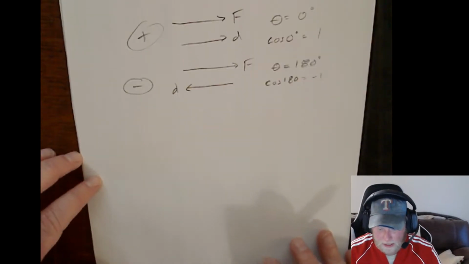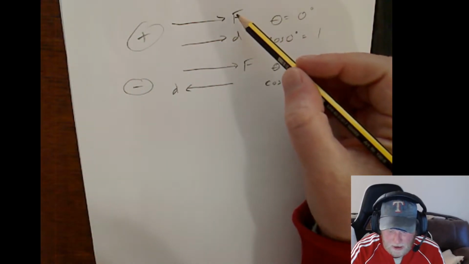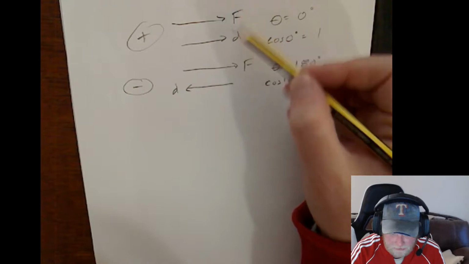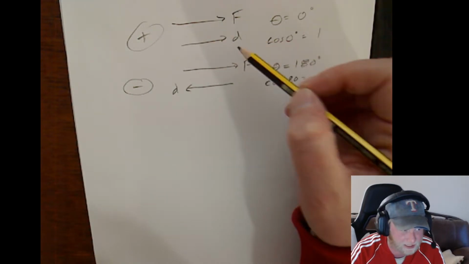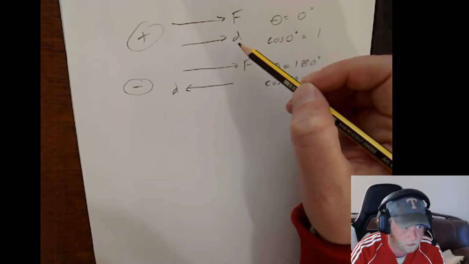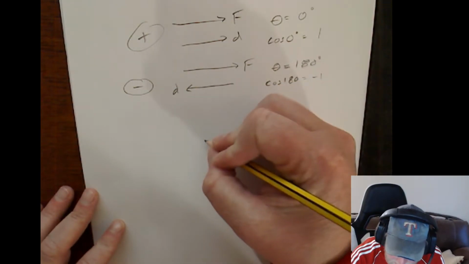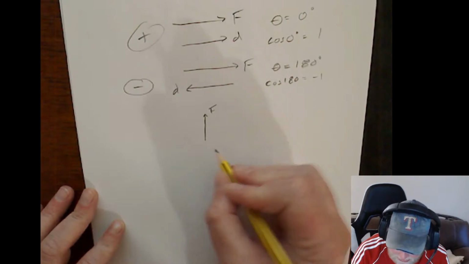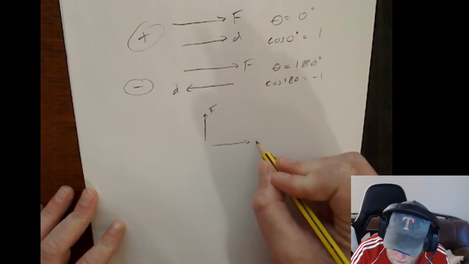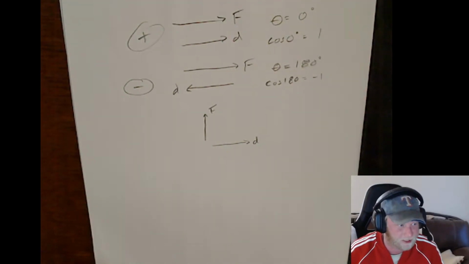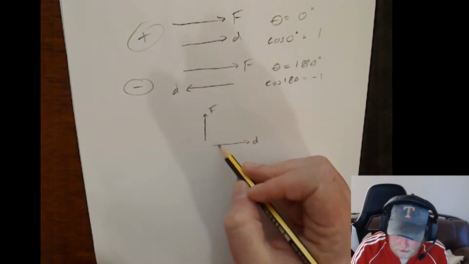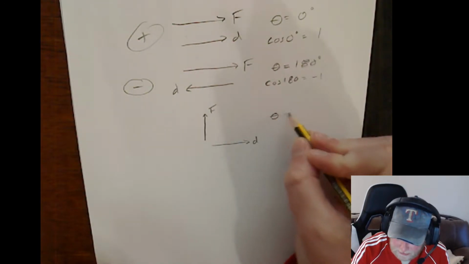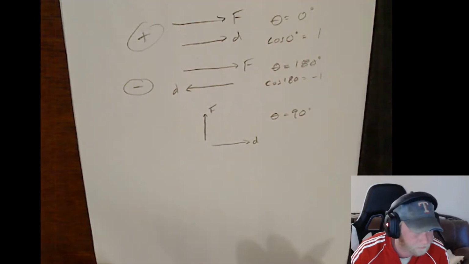Now, some component of your force vector must exist in the same dimension as your displacement vector in order for work to be done. So let's say, for instance, we've got a force that is directed upwards in the vertical, and you've got a displacement that's to the right.